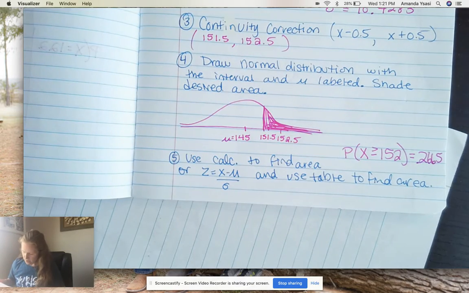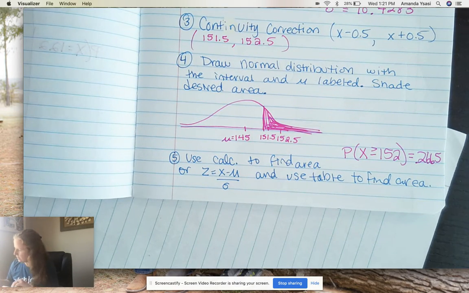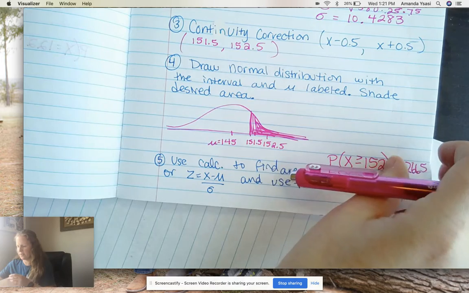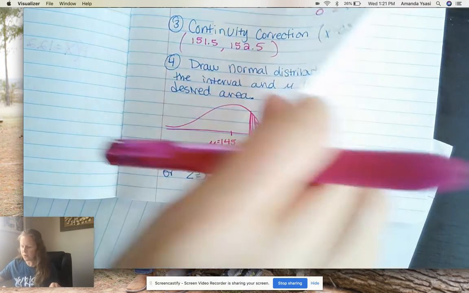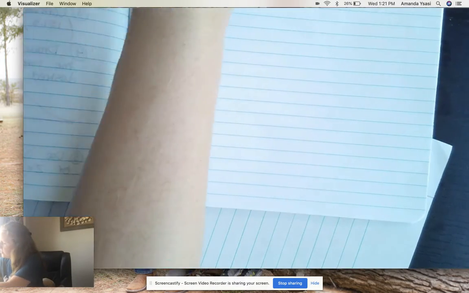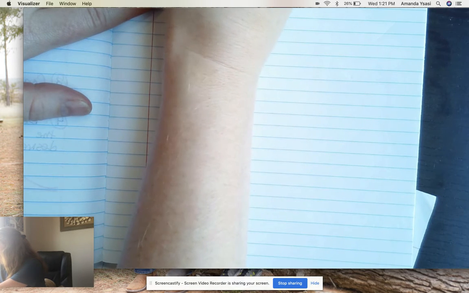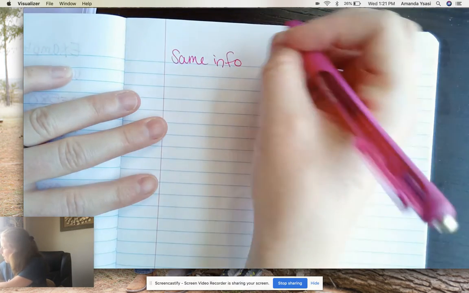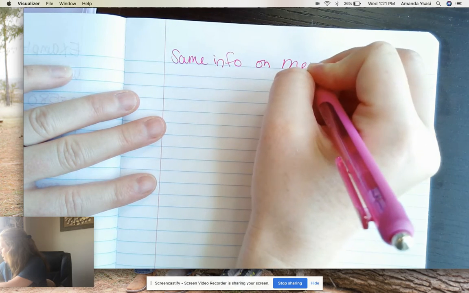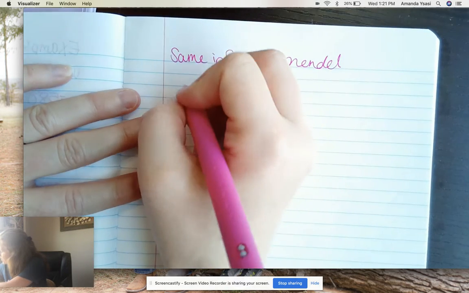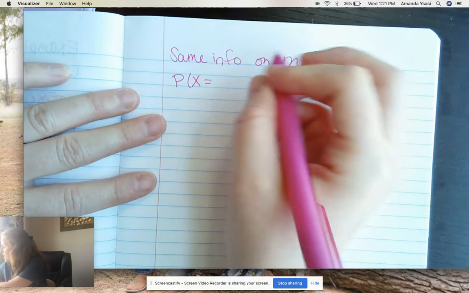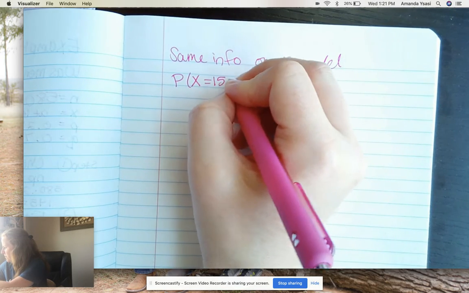Okay, so let's look and see what other examples we can do. So let's talk about using the same information. Let's find the probability that X equals exactly 152.